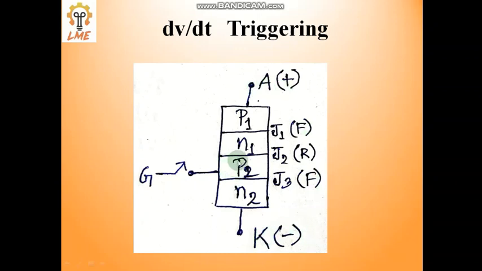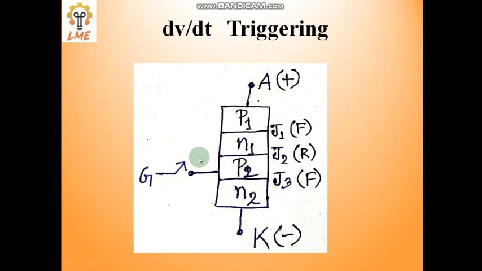Suppose across this anode and cathode we apply more than 800 volts, then this junction 2 will break down. Let's assume this 800 volts is our VFV, meaning the forward breakdown voltage is 800 volts.